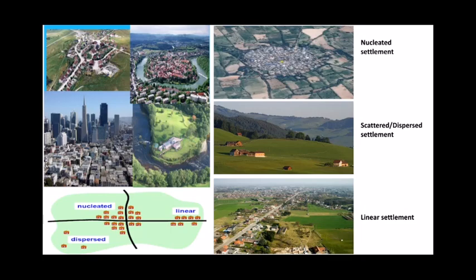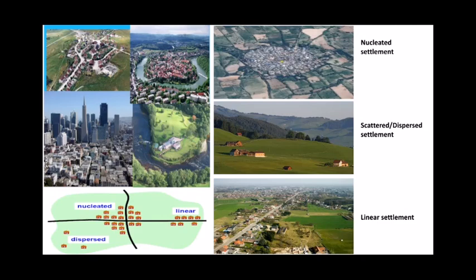Next is the scattered, also called the dispersed settlement. These are ones where the houses are spread out over a wide area. They are far away from each other. You can see that in the picture. Even for nucleated, you can see it is close together, all the houses and buildings are together, and beside there will be a river or transportation route.